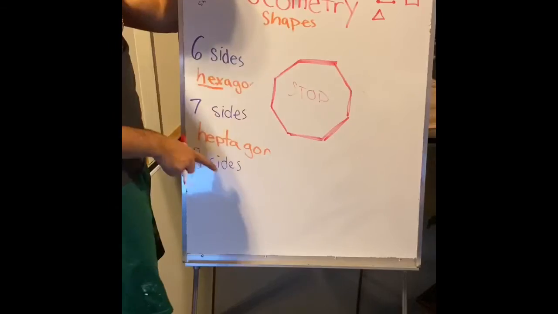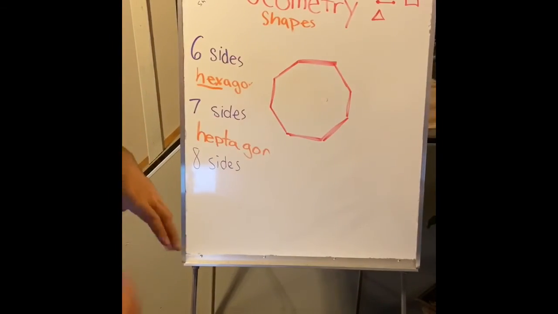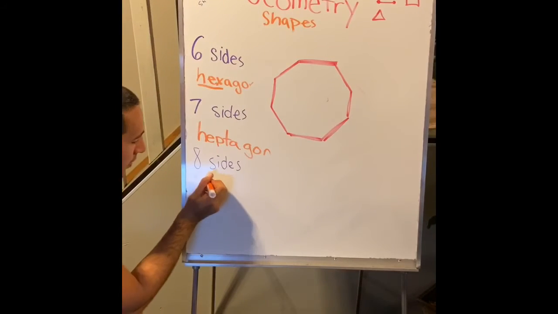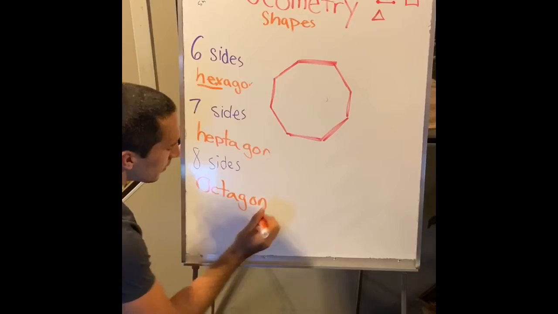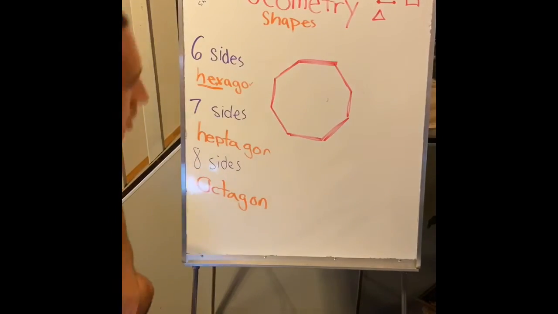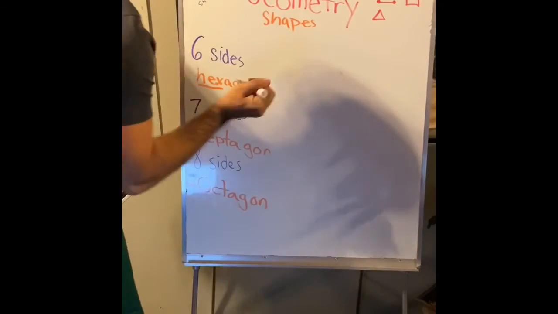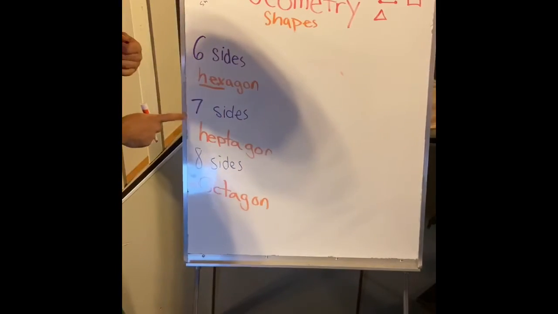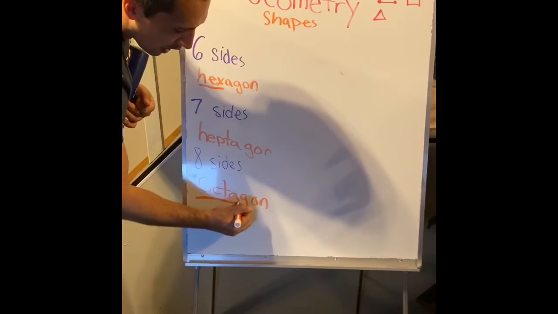A stop sign is this figure. This is called an octagon. All right, so our 6 sides is a hexagon, 7 sides is a heptagon, and 8 sides is an octagon.